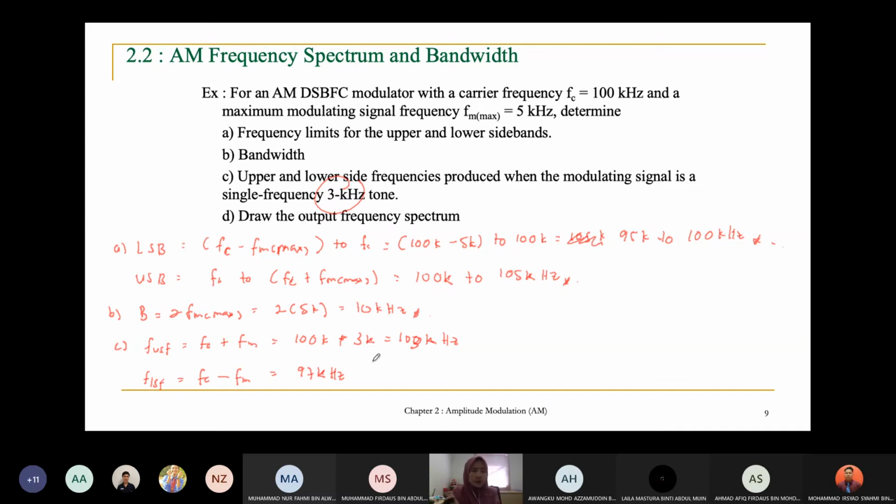And the last one, the question asks you to draw the output frequency spectrum.